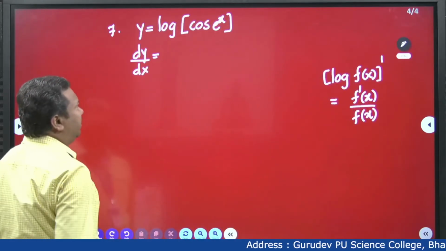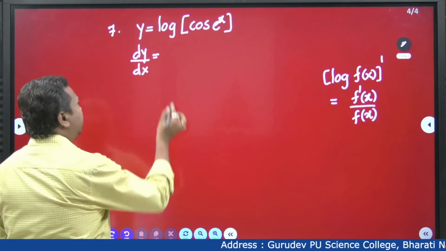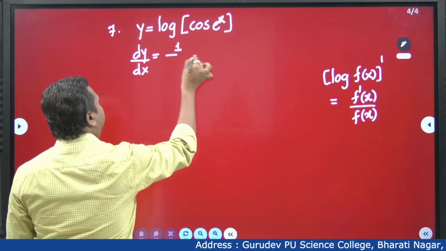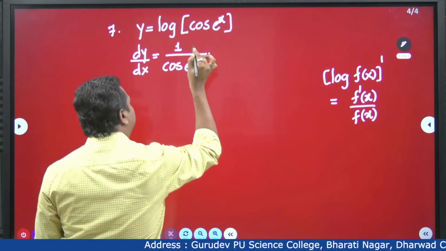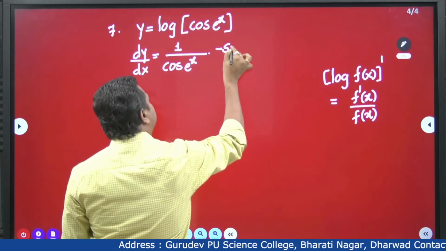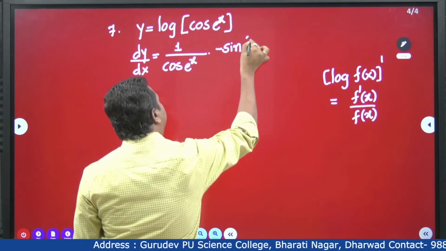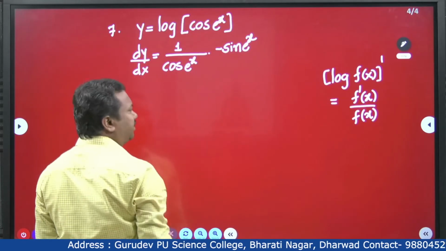Similarly, for log cos of e raised to x, it is 1 divided by cos of e to the power x into minus sin e to the power x, which is the differentiation of cos e to the power x.